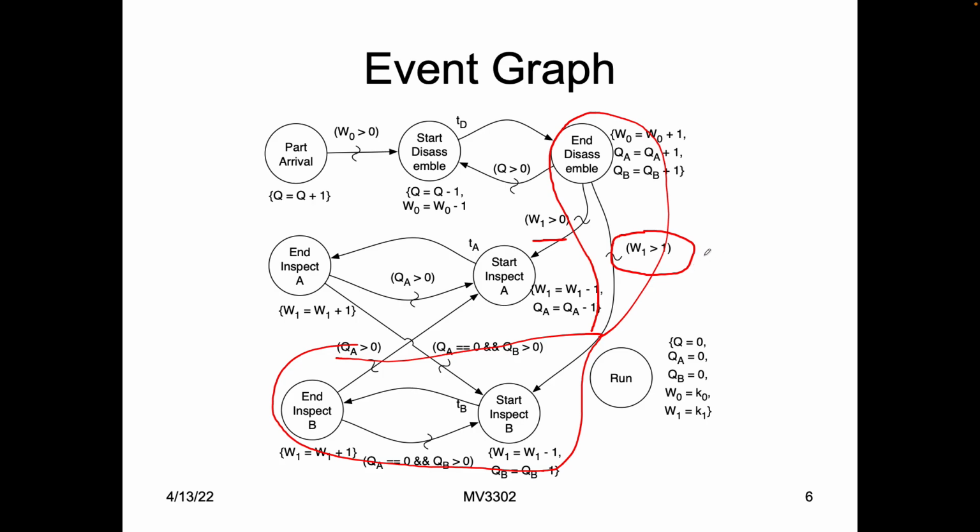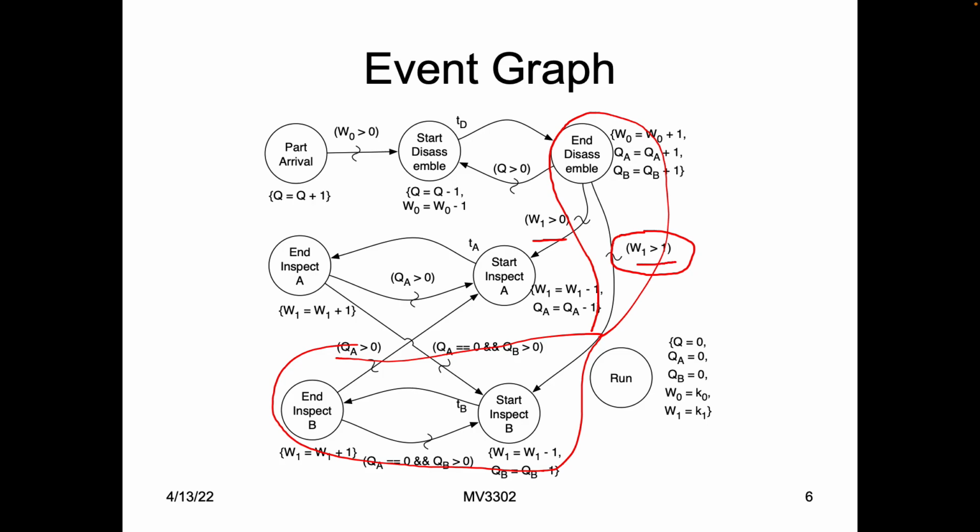Okay, so the condition is basically that if there's only one worker available, then we need to make sure that this second inspection of B does not get scheduled. But if there are two workers available, then we can, because one will do A and the other will do B. So that's the condition here.